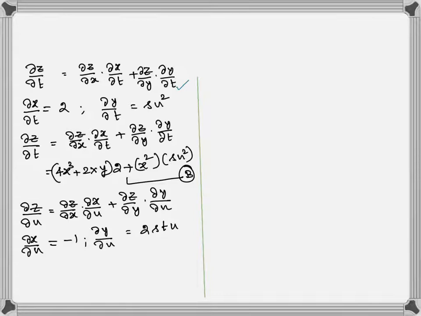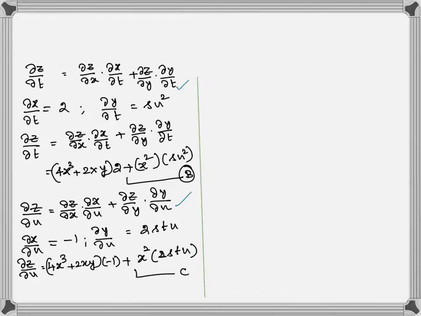So 2u st. That's how we get dou y by dou u, the partial derivative of y with respect to u. And going back to this step, substitute. It's 4x cubed plus 2xy times negative 1 plus x squared times 2stu. Call it equation C.